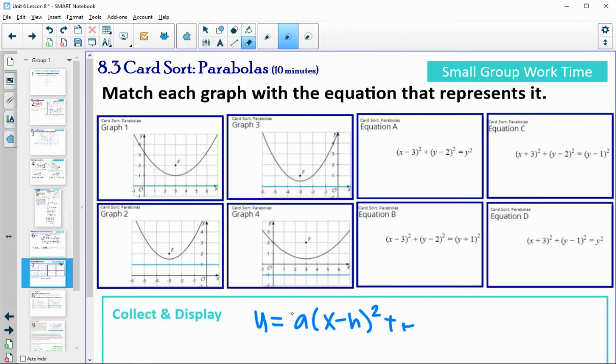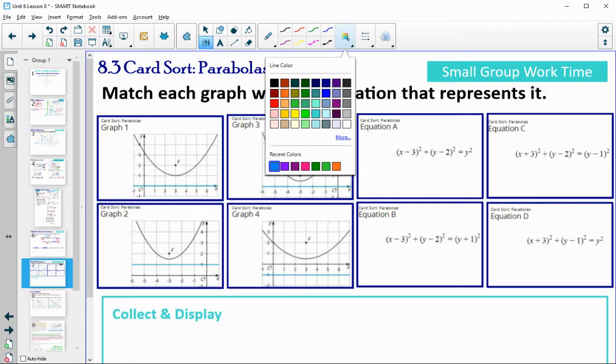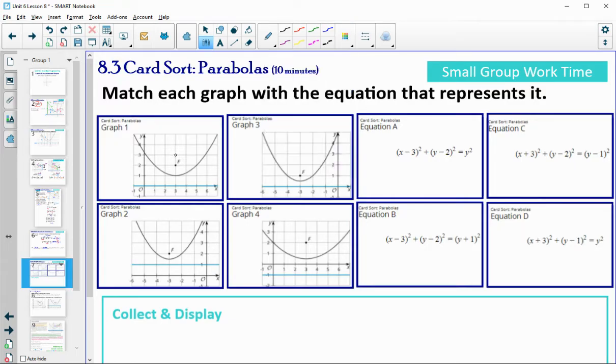So these are all in focus form. So let's take a look at the focus in each one. So in each of these, the focus is, so this one is 3, 2. This one is 3, 1. Negative 3, 2, and 3, 2.